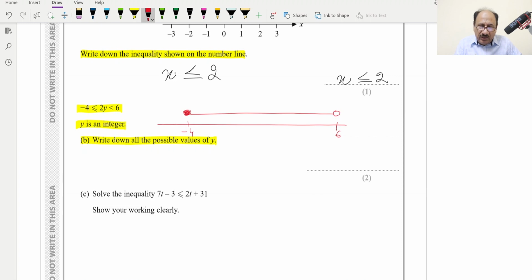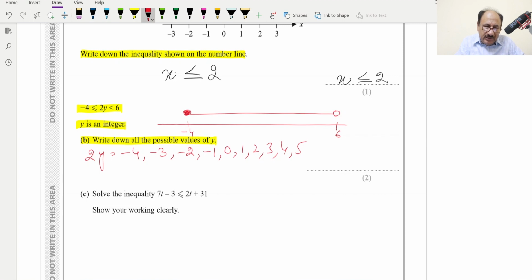So this is what we have shown on the number line. So numbers of 2y is equal to which numbers? -4 is included, -3 is included, -2 is included, -1 is included, 0, 1, 2, 3, 4 and 5. 6 is not included.